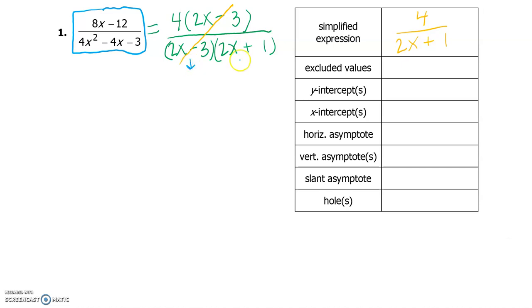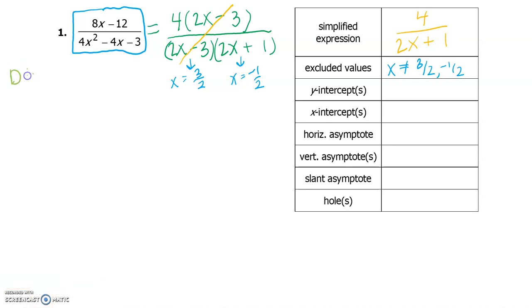Well, when that denominator is equal to 0, I see we're going to get x is equal to 3/2 and x is equal to negative 1/2. So my excluded values for this one, we can see that x cannot be equal to 3/2 and negative 1/2.